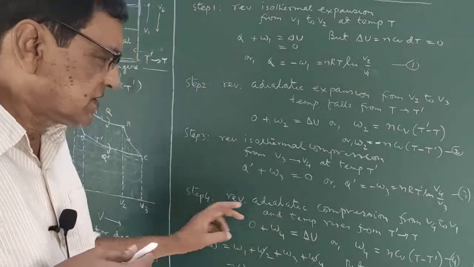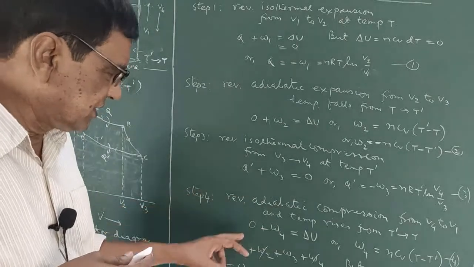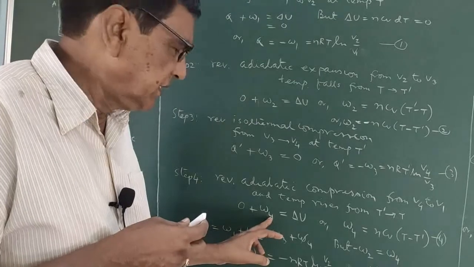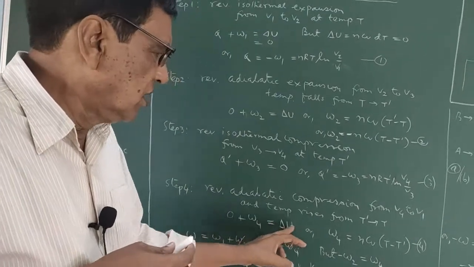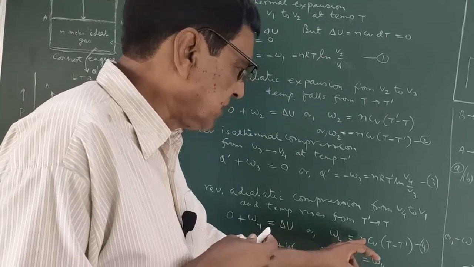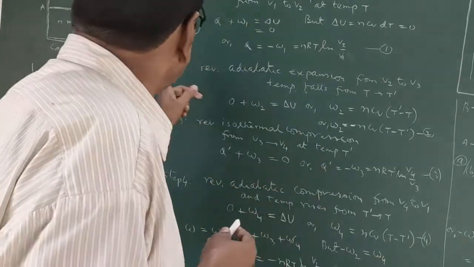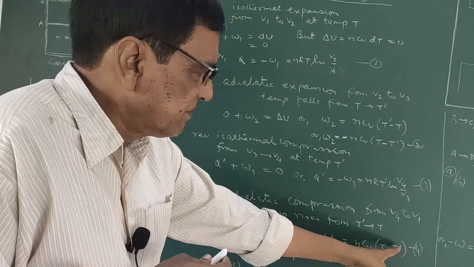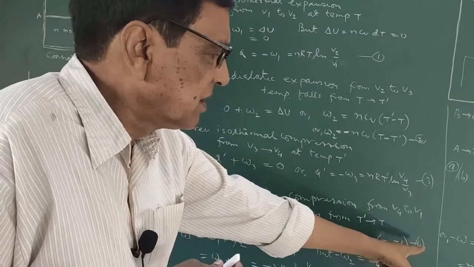In this fourth step, the heat exchange is 0, and W4, the work done in the fourth step, equals delta U equals nCV, final temperature T minus initial temperature T dash, and it is equation number 4.